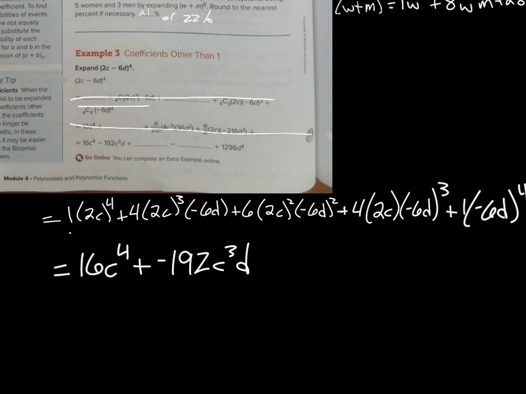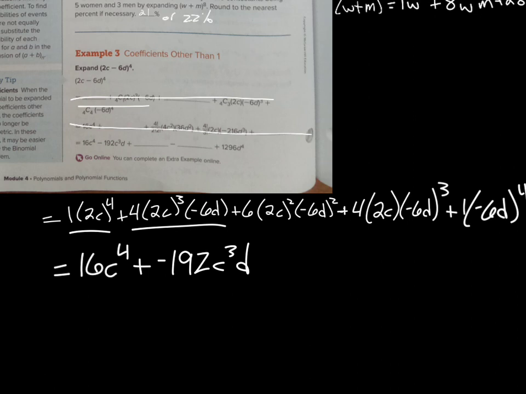All right, so we did that one, we did this one. So then write 2 to the second, 4. Negative 6 to the second, so 36 times 4 times 6.